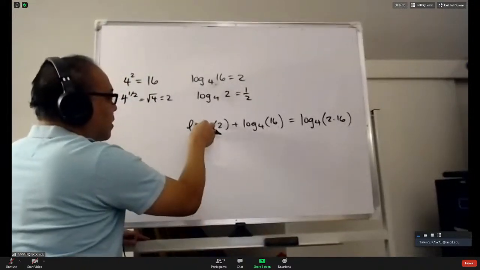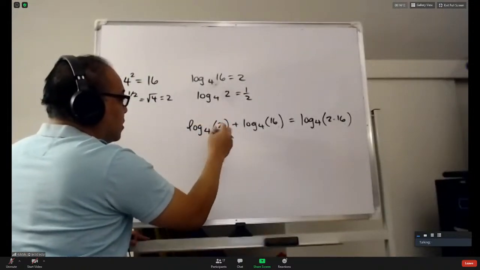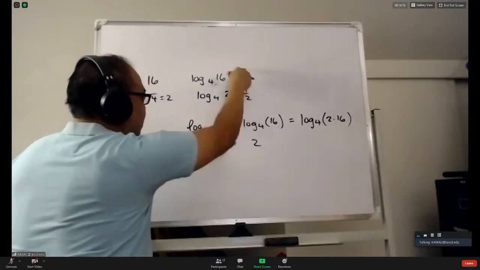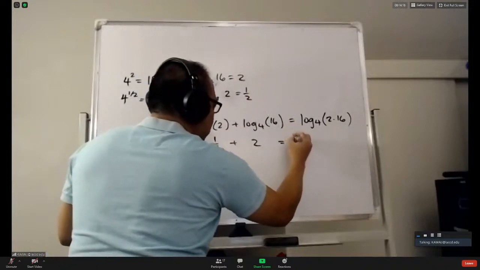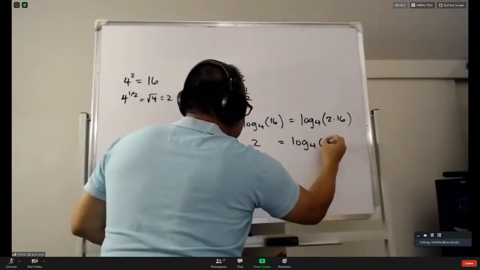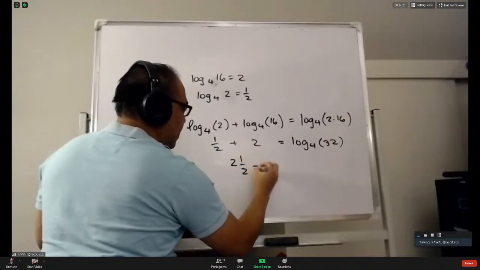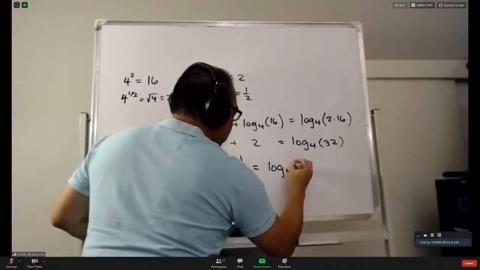And then you'd say, well, log 4 of 2 is 1/2, and log 4 of 16 is 2. I'm just taking these values. And this is equal to log 4 of 32. So then 2 and 1/2 is equal to log 4 of 32.